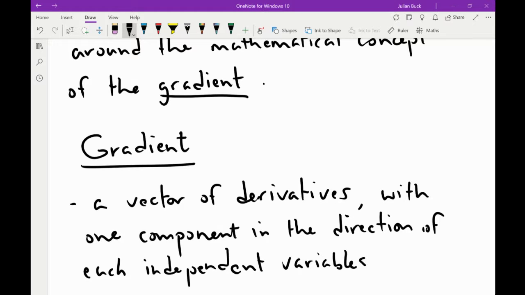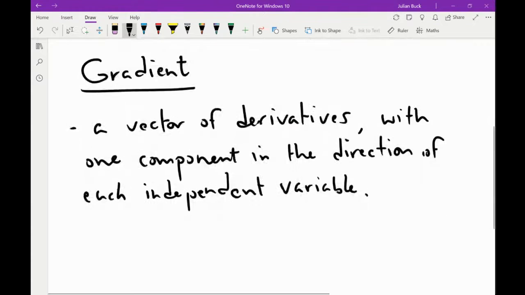However many independent variables we have, in other words, how many features are in our data set, the gradient is a vector in that dimensional space. So it could be very high dimensional.